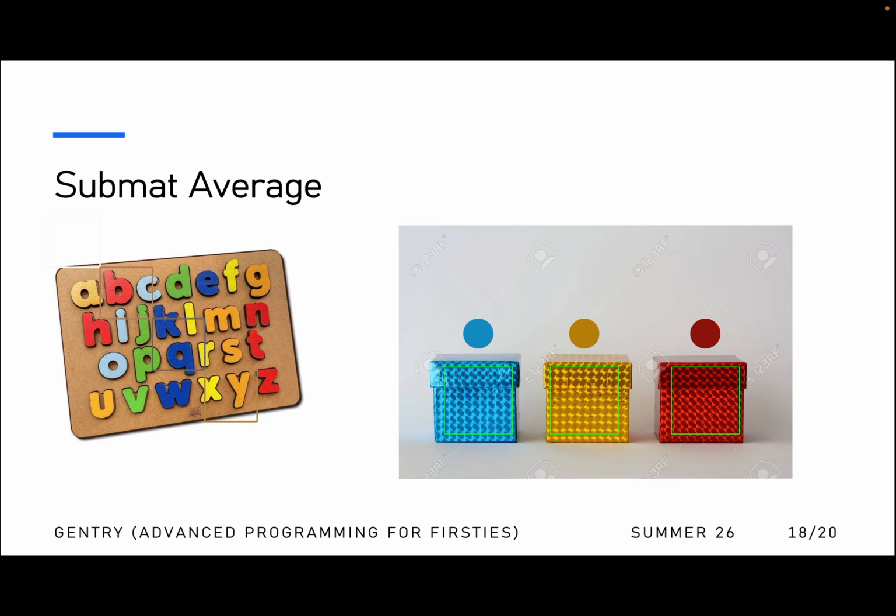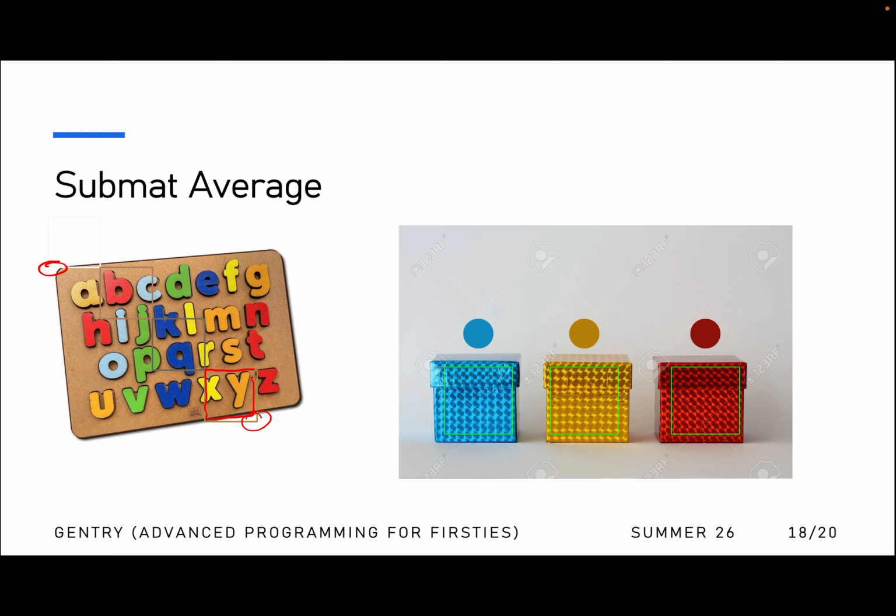So if we want to do a little bit more with this, we can take the average of a submat. And what this allows us to do is create these kinds of diagrams that show, oh, this little area has an average color of this, or this top area has an average color of white. It's very easy to do that.